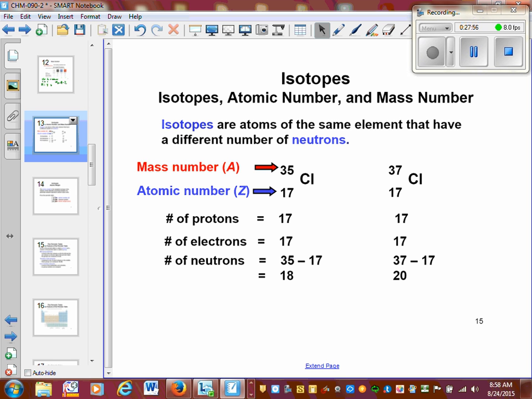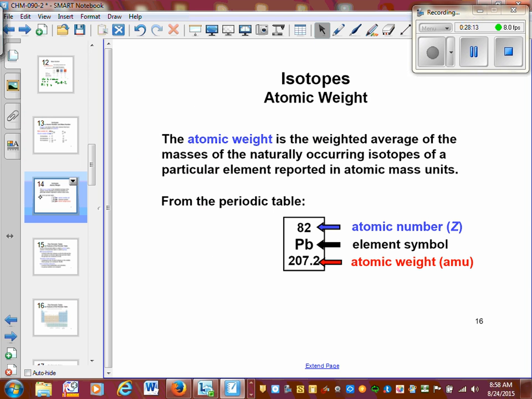Hydrogen 1, hydrogen with a neutron, which would be deuterium, and hydrogen with 2 neutrons, which is tritium, which is radioactive. So the atomic weight is the weighted average of all the naturally occurring isotopes. If you look at lead, atomic number 82, its atomic weight in atomic mass units is 207.2. So it's a combination of the different isotopes.